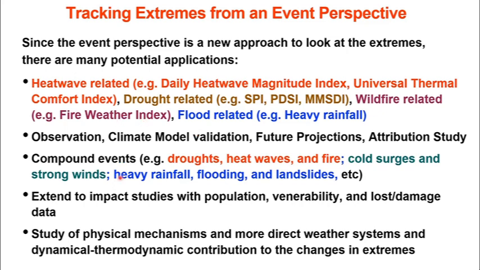And you can do compound events, because when we do these extremes individually, but they have a joint footprint, then the compound event occurs. For example, drought, heat wave, and wildfire are typically joined together. Cold surge and strong wind are typically a compound, or heavy rainfall, flooding, and landslide.